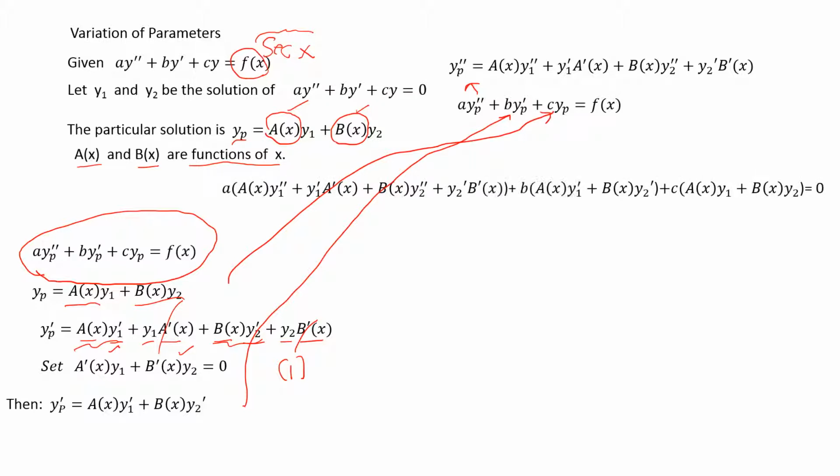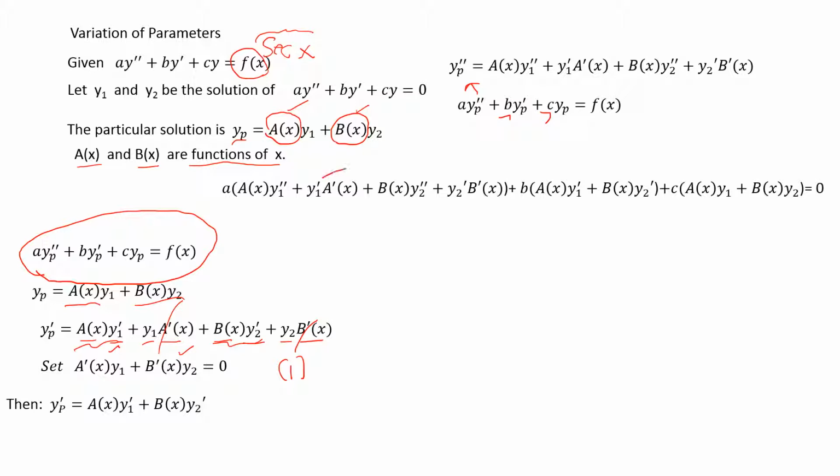So we substitute now. We have a times the second derivative, which is a(x)y1 double prime plus y1 prime a prime of x, plus b(x) times y2 double prime plus y2 prime times b prime of x.